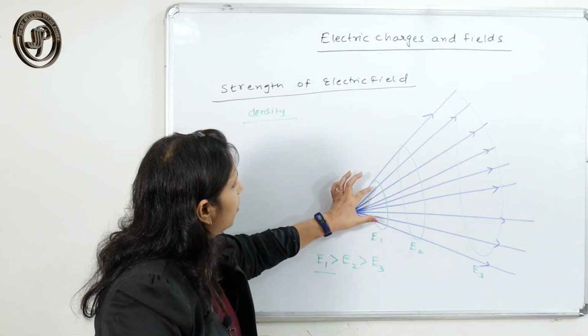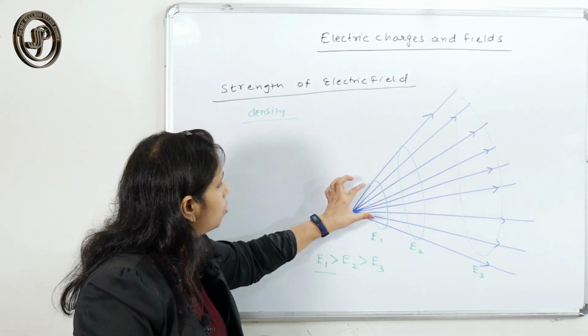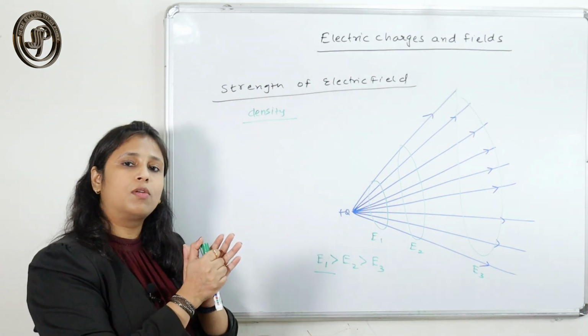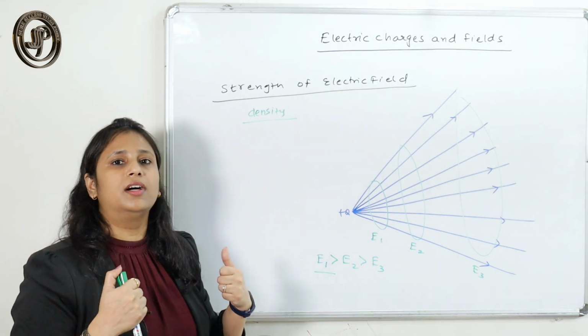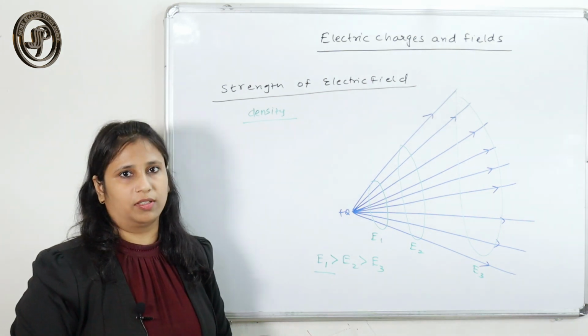Why? Because here the electric field lines are denser, closer to each other. So if the electric field lines are closer, then in that region the electric field would be stronger.